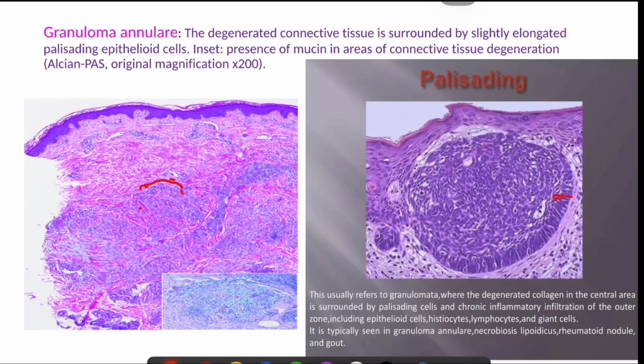You can identify this palisading appearance of nuclei, and in the center some collagen degeneration, and it is most common in granuloma annulare, right? So this is a palisaded granuloma.